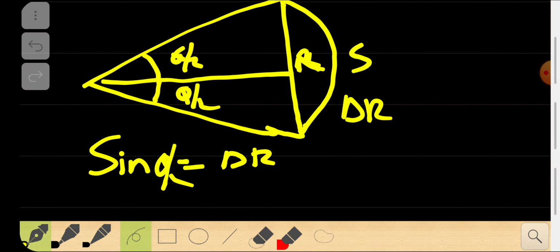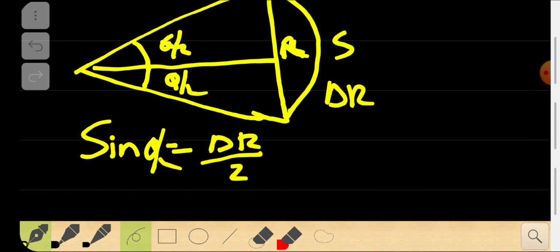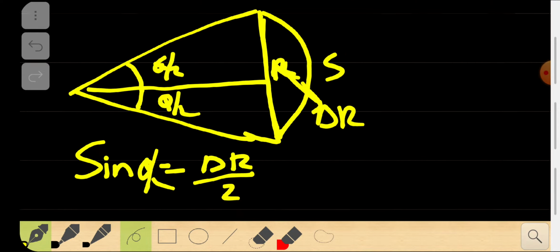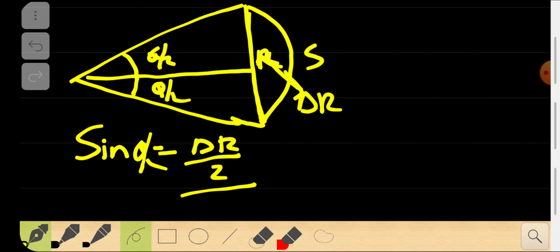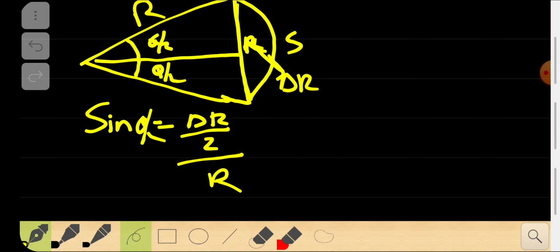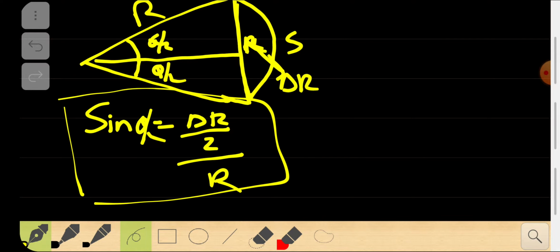So this whole thing is delta r, right? So half of that will be delta r by 2, which is the opposite side, by the hypotenuse, which is r, right? So that's the radius. Radius is the hypotenuse, so that is going to be equal to r. So that's going to be the sine theta by 2.